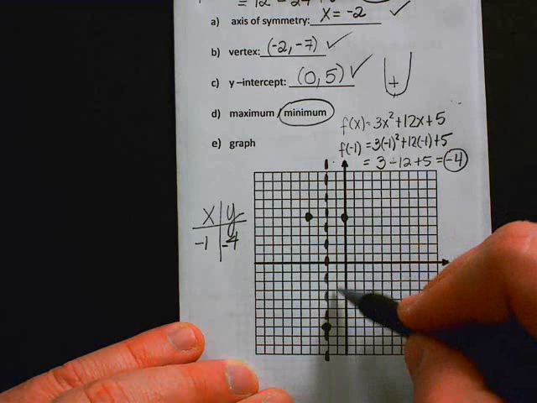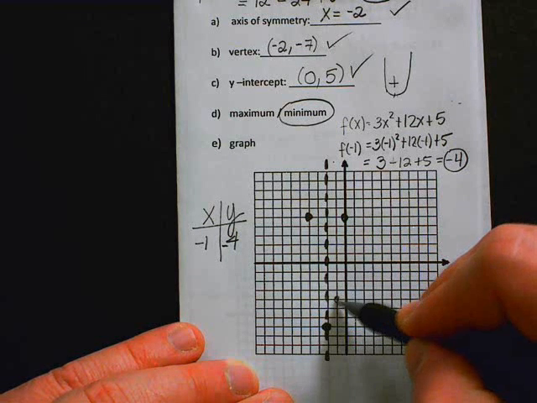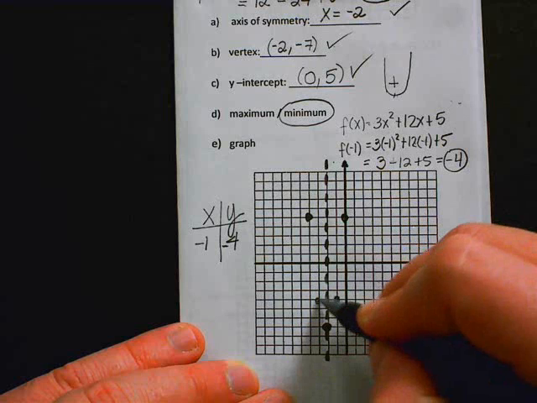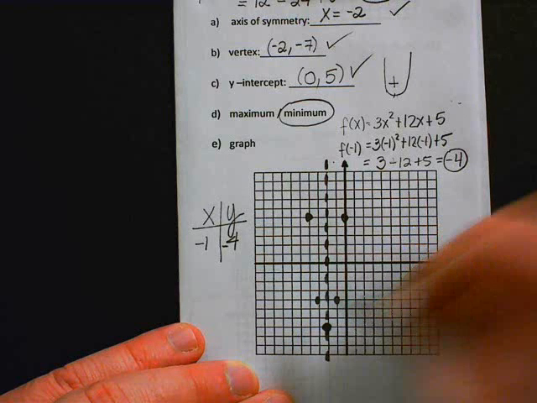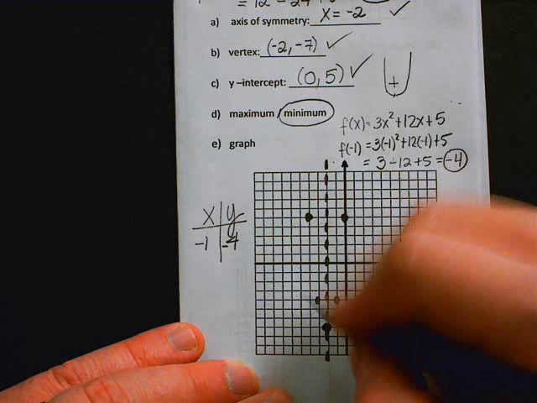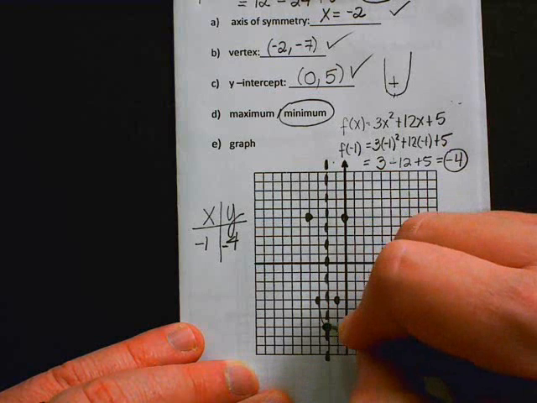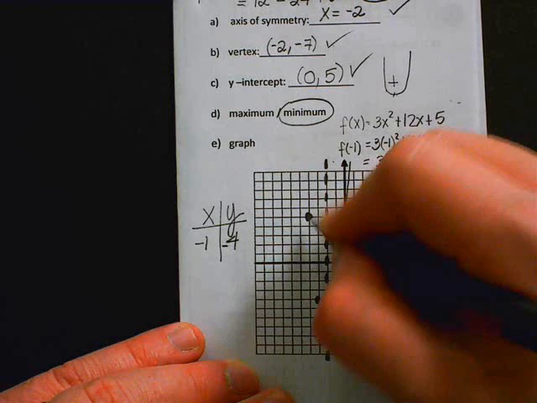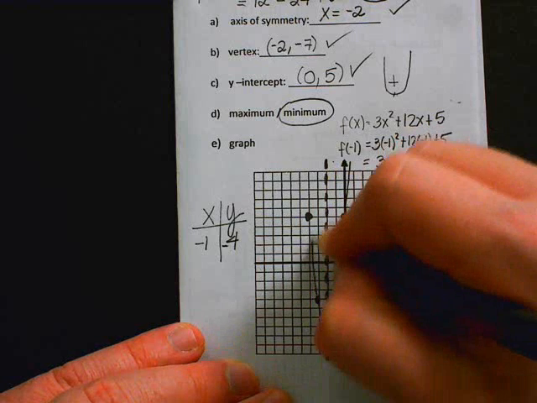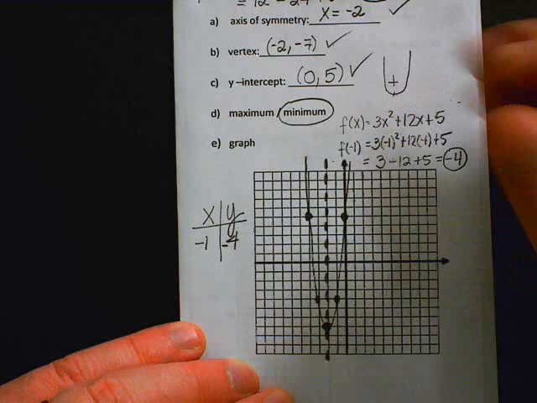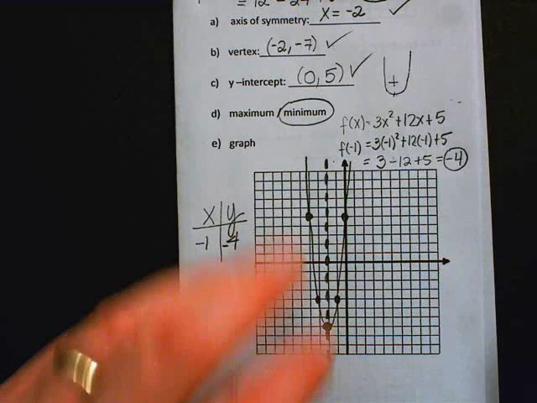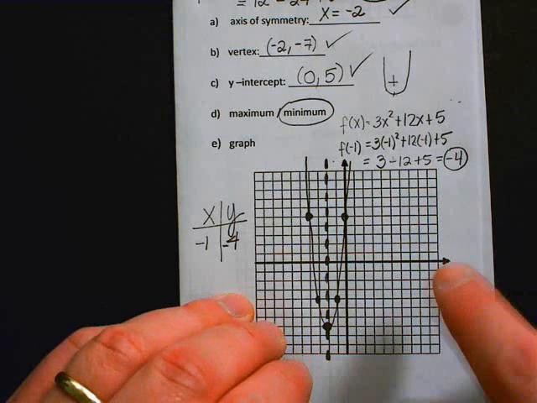And because I have this point, and there's a distance of 1 from the axis of symmetry, I also have this point right here. Alright, now with that, we carefully draw our graph, and here we go. There's our graph for this problem. Okay? Alright, let's go ahead and proceed to the next problem on the back side of this paper.